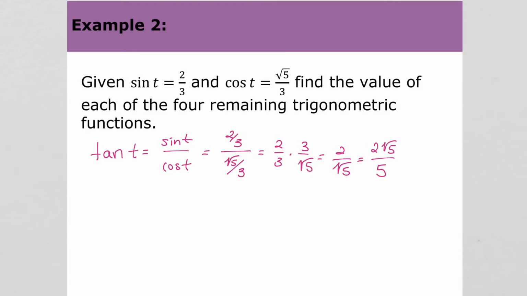Okay, then we can go for the opposite of sine, which is cosecant. Cosecant is 1 over sine. So we can just say 1 over 2/3, which is 3/2. Opposite of cosine is secant. And I know I say opposite, it's not really opposite.